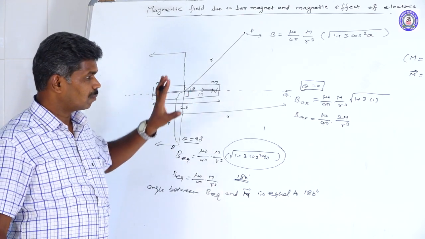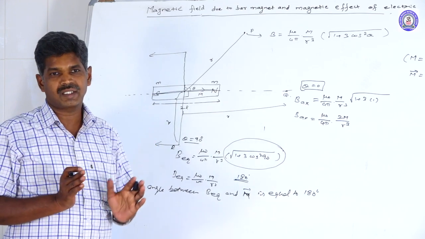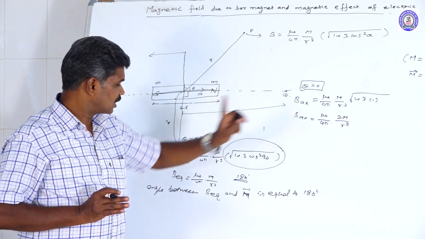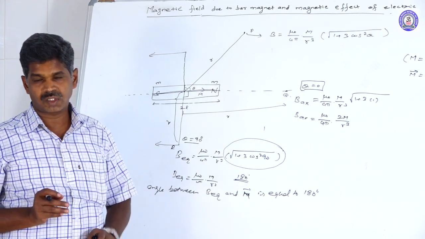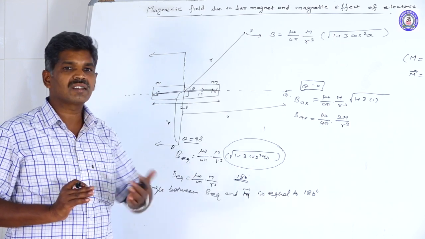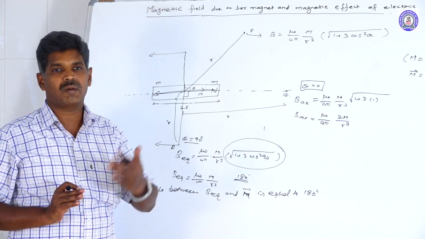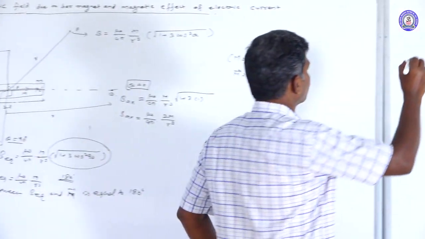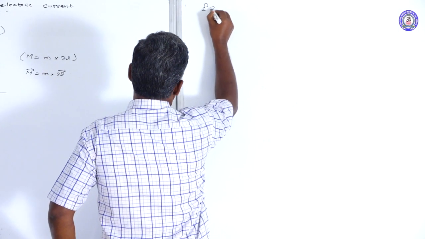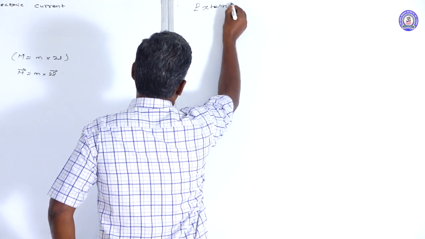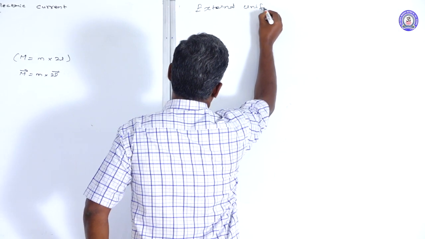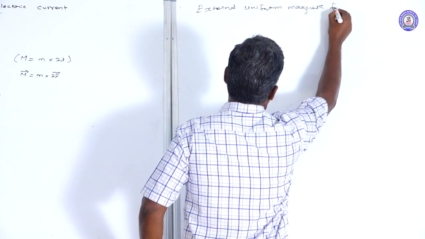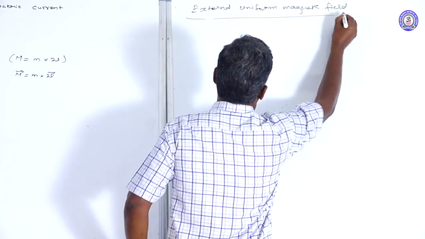That is about the bar magnet and its magnetic field at any point, along the axial line and along the equator line. Suppose this bar magnet is going to be placed in some external uniform magnetic field.